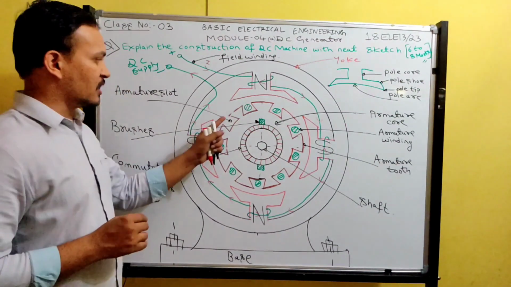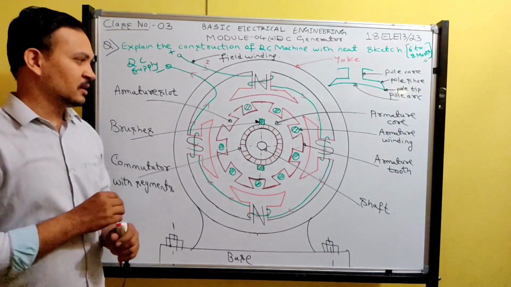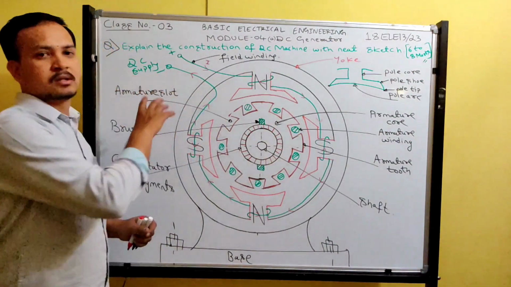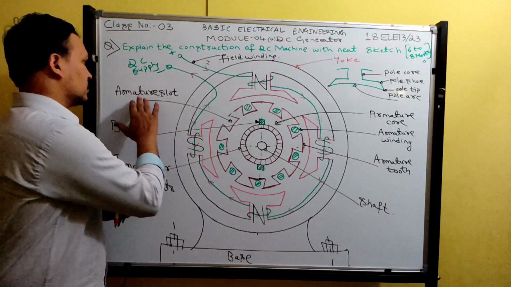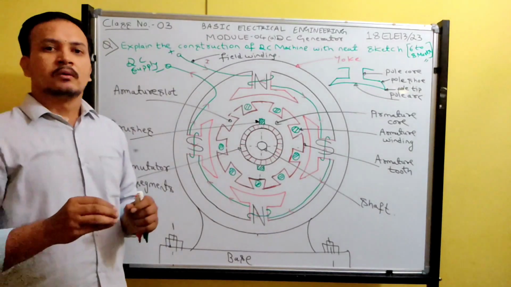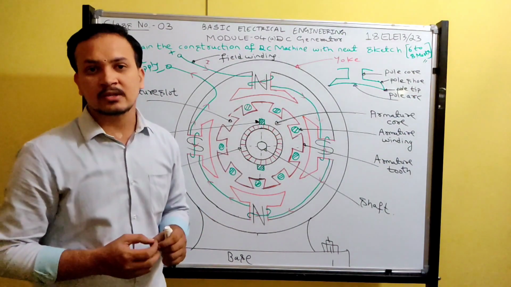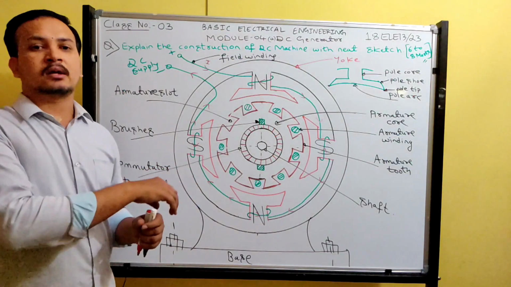The major function of the armature slot is that we can house the armature conductors. We can put the conductor in that slot. That is the major function of the armature slot.